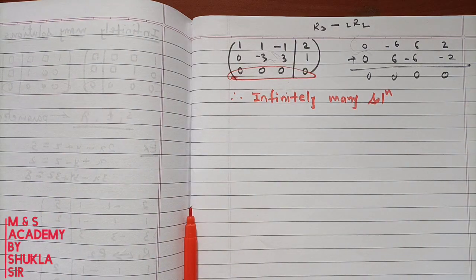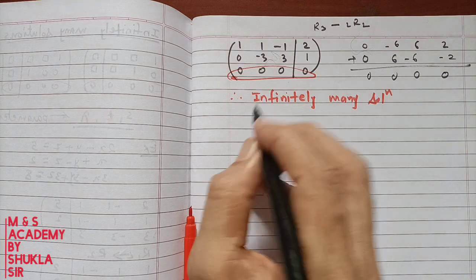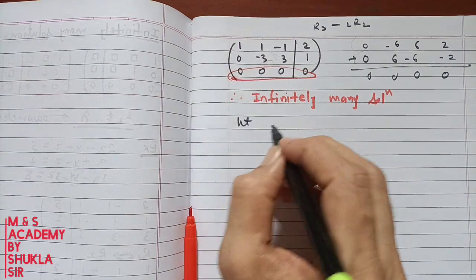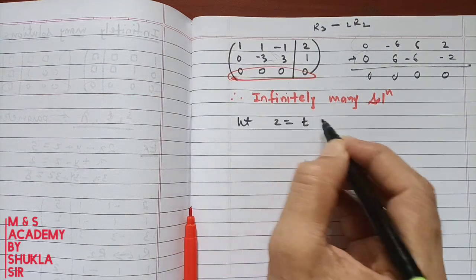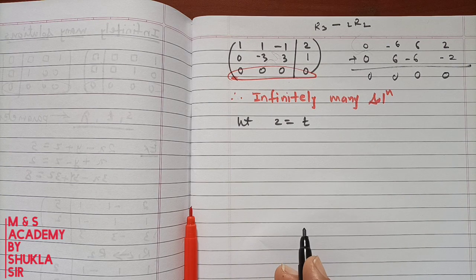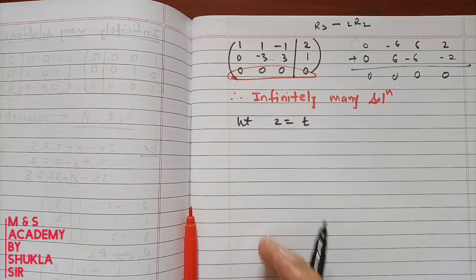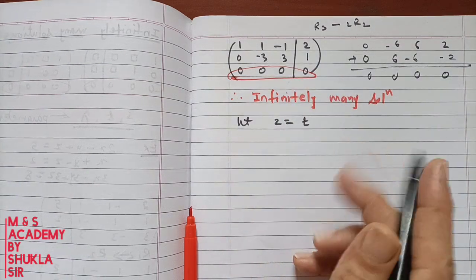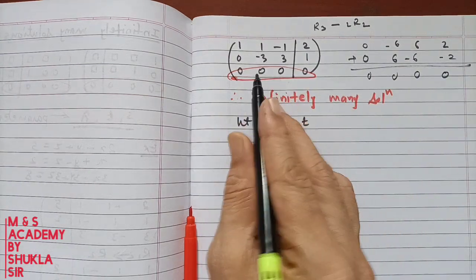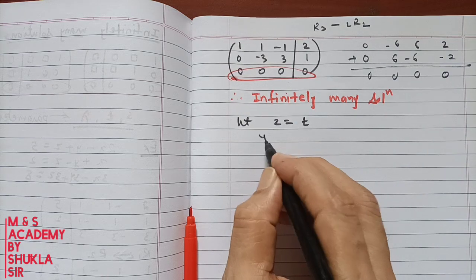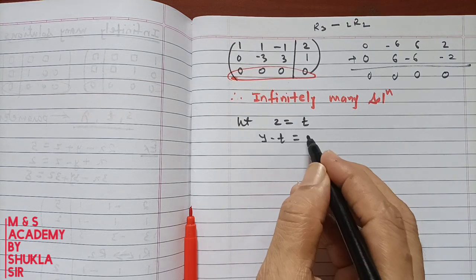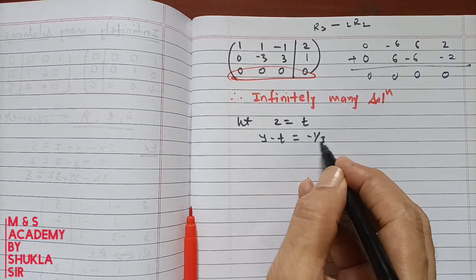Sometimes it is asked to represent the solution by taking some variable. So if we let z be equal to t, then from the second row we see minus 3y plus 3t is equal to 1, which is the same as y minus t is equal to minus 1 by 3.